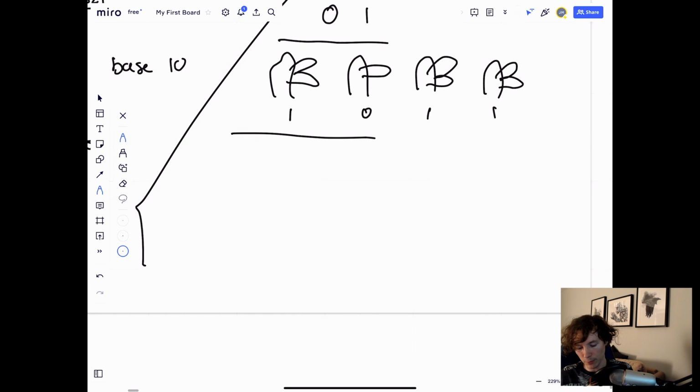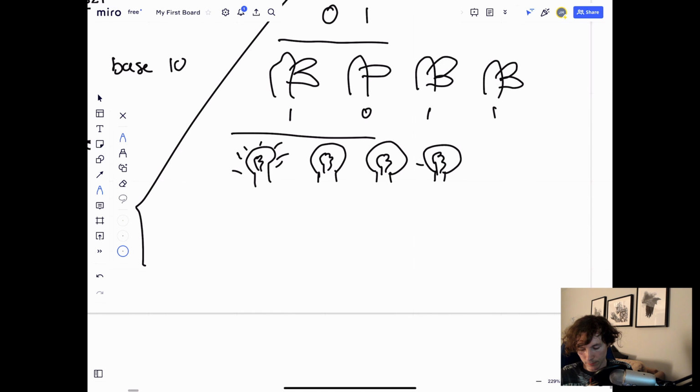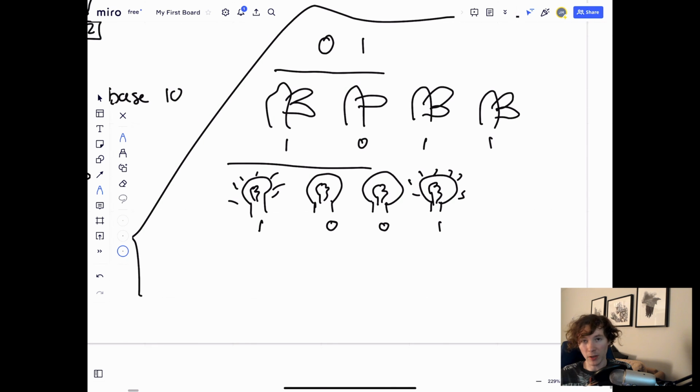Let's take a more realistic example. Let's say you have light bulbs. Light bulbs that are on and light bulbs that are off can represent ones and zeros. Something like this: 1, 1, 0, 0, 1. All you need to do is define what means 1 and what means 0.